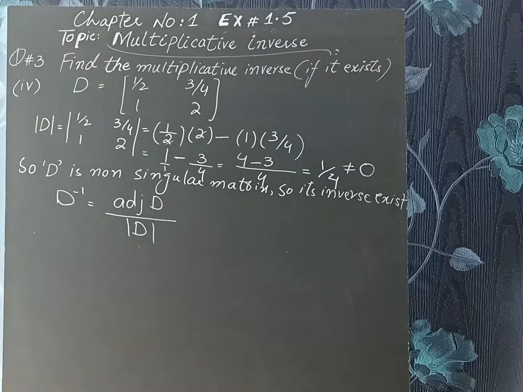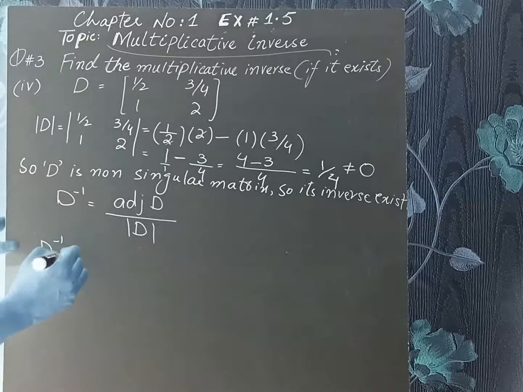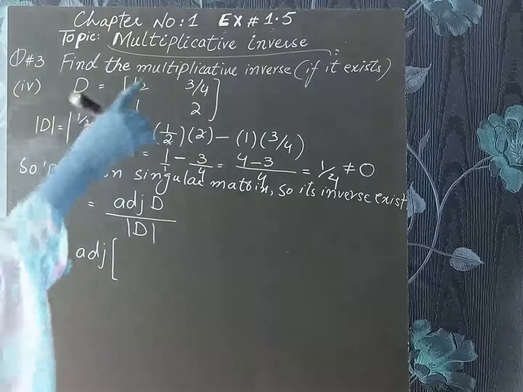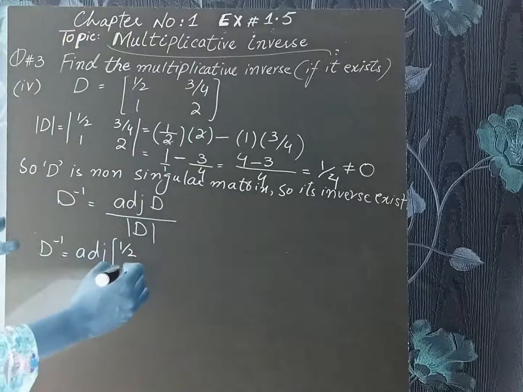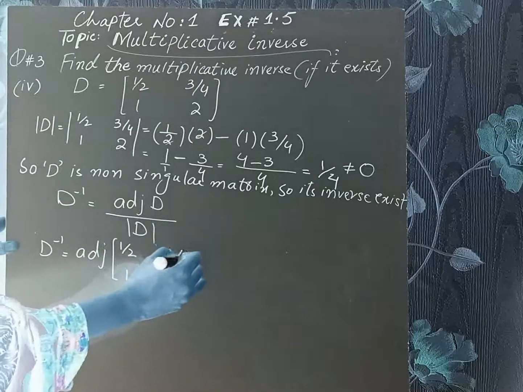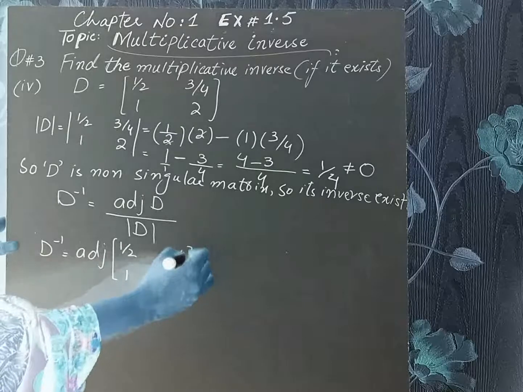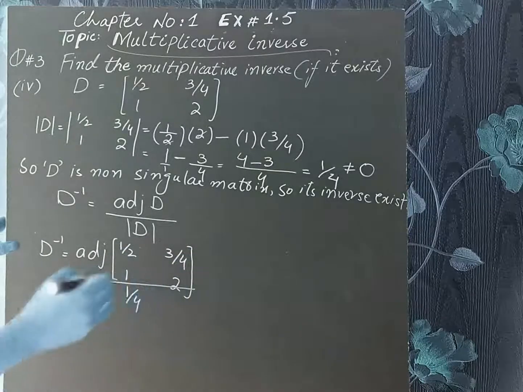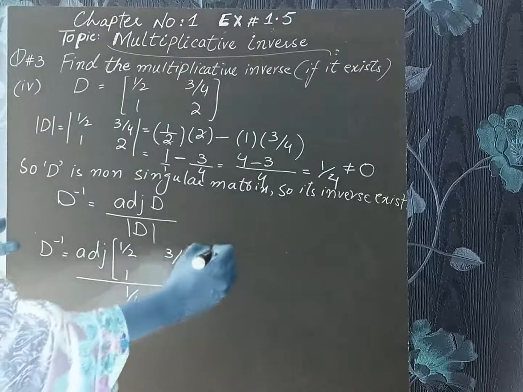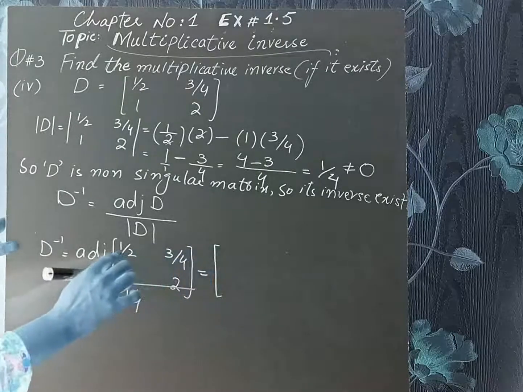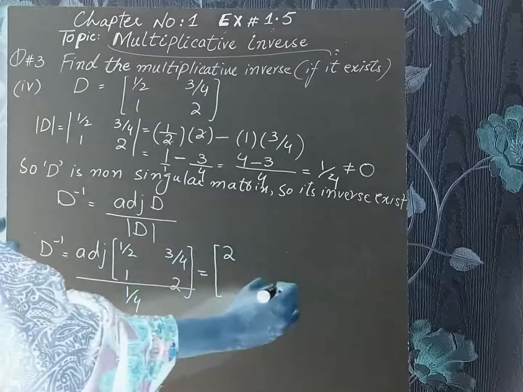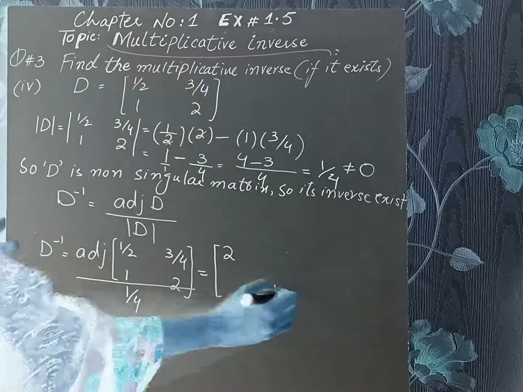The determinant we already have, 1 over 4. The matrix D is 1 over 2, 1, 3 over 4 and 2. Its determinant is 1 by 4. So I will take its adjoint. That is, I will interchange the diagonal entries. Here it is 2, here it is 1 by 2.